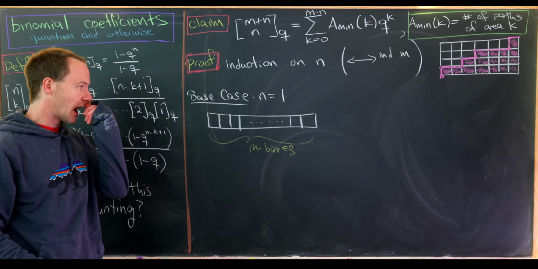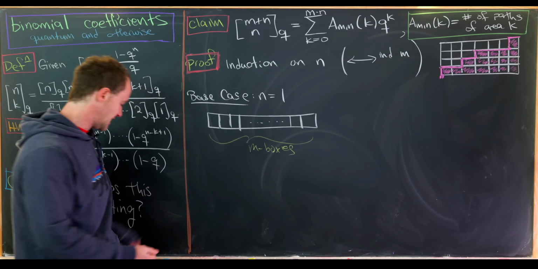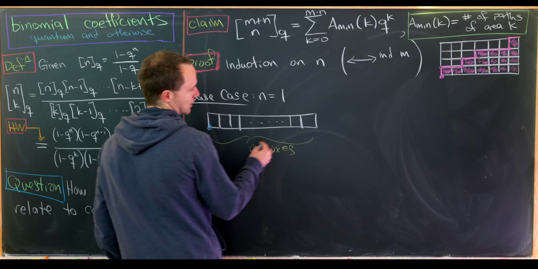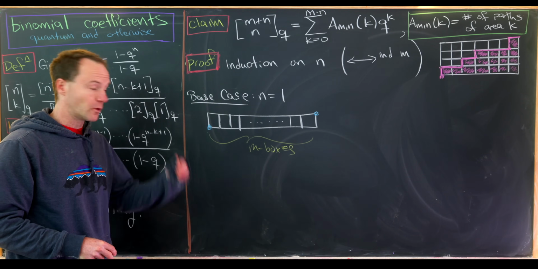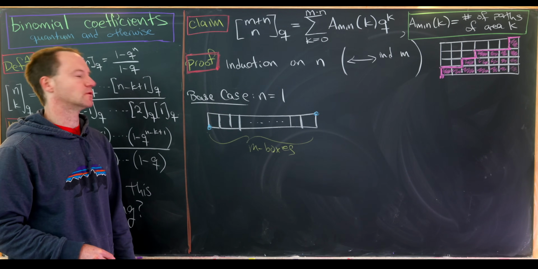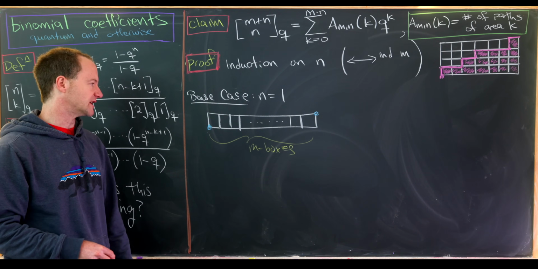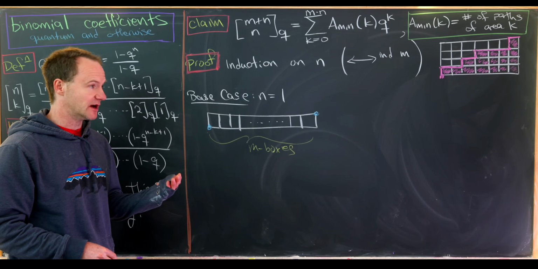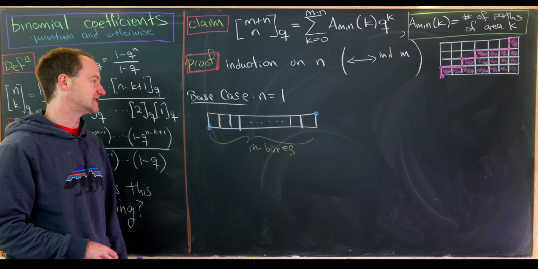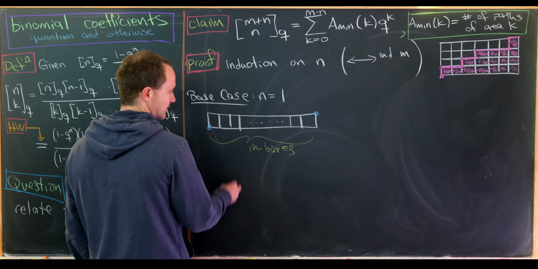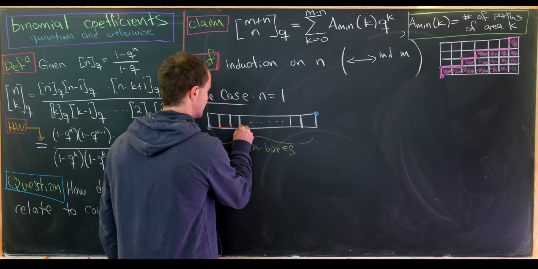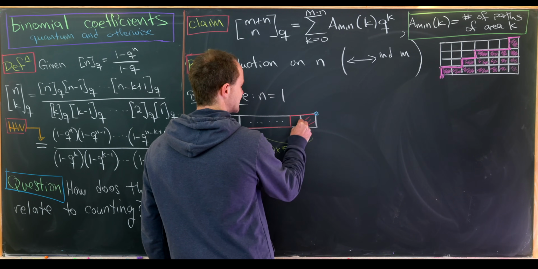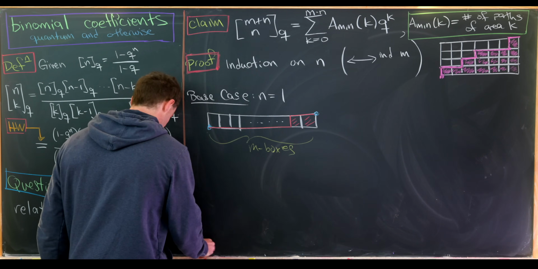Okay, so how many paths are there from this left bottom corner to here? Well, there will be exactly m plus 1 paths, and we know that from the previous problem. But notice each path has a certain area, and it's the only path with its given area. For instance, if we go along the bottom for a long time and then up and then over, that has an area of 2.